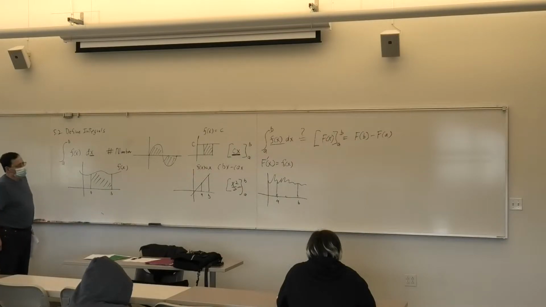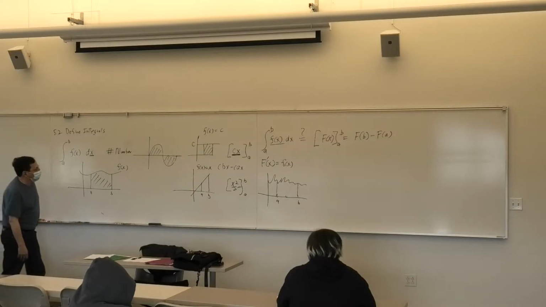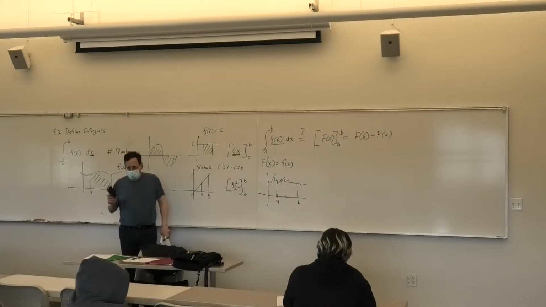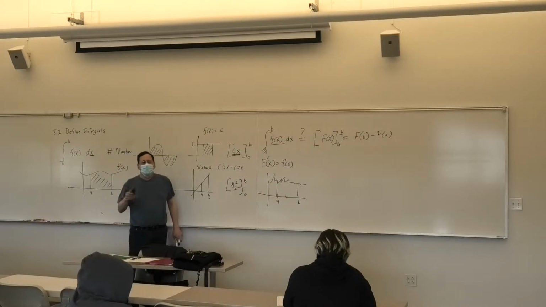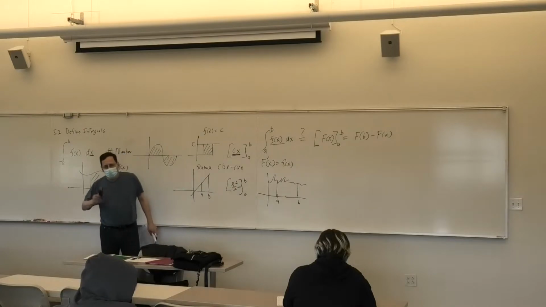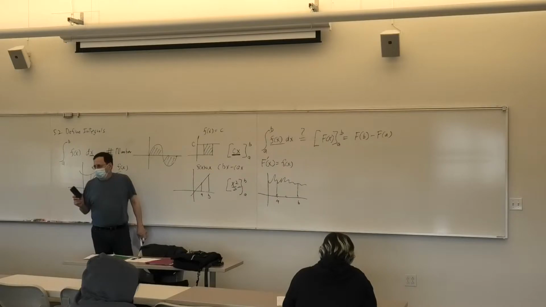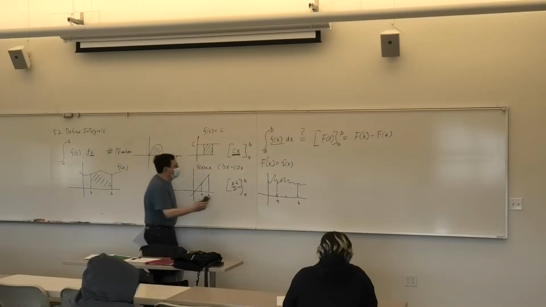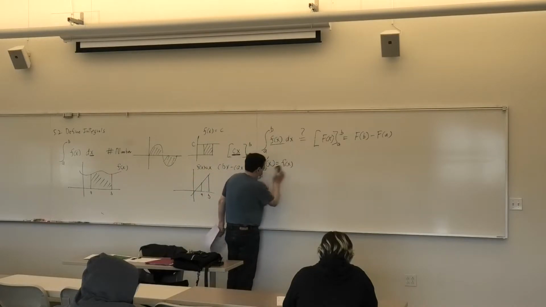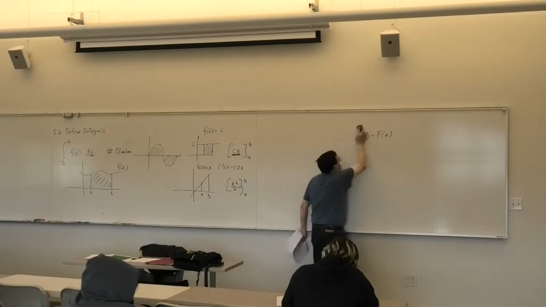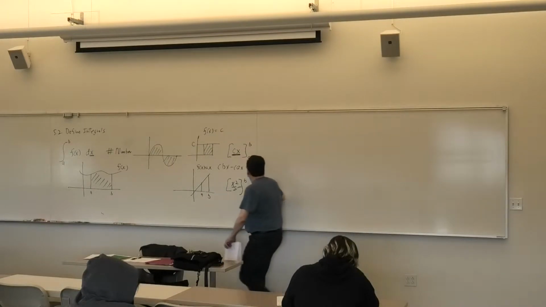So that's what we're going to do next. We're going to go over why this might be the case, and it involves a little bit of algebra, some math, some limits. And if you want to really be in touch with it, you're going to have to focus. So let's try and go over this.